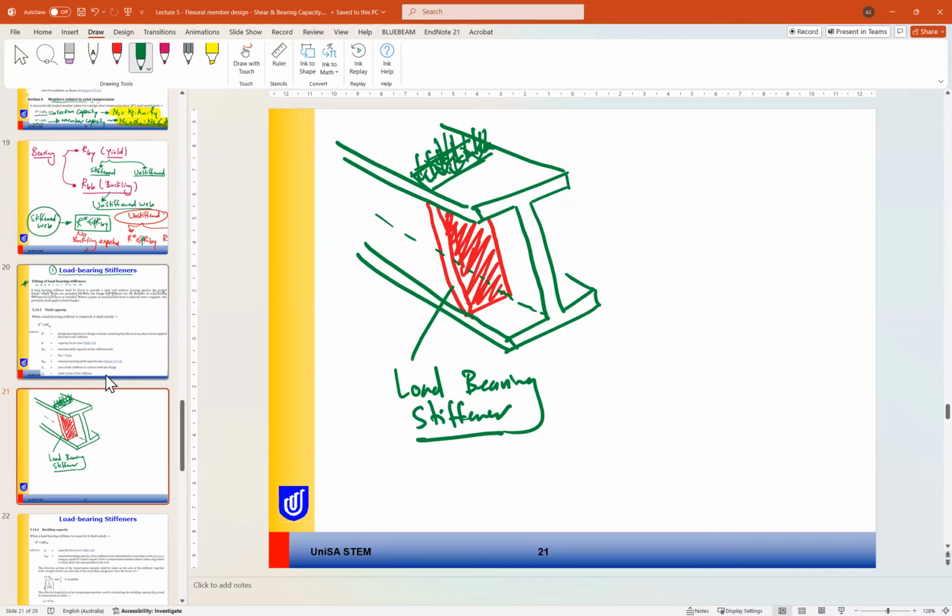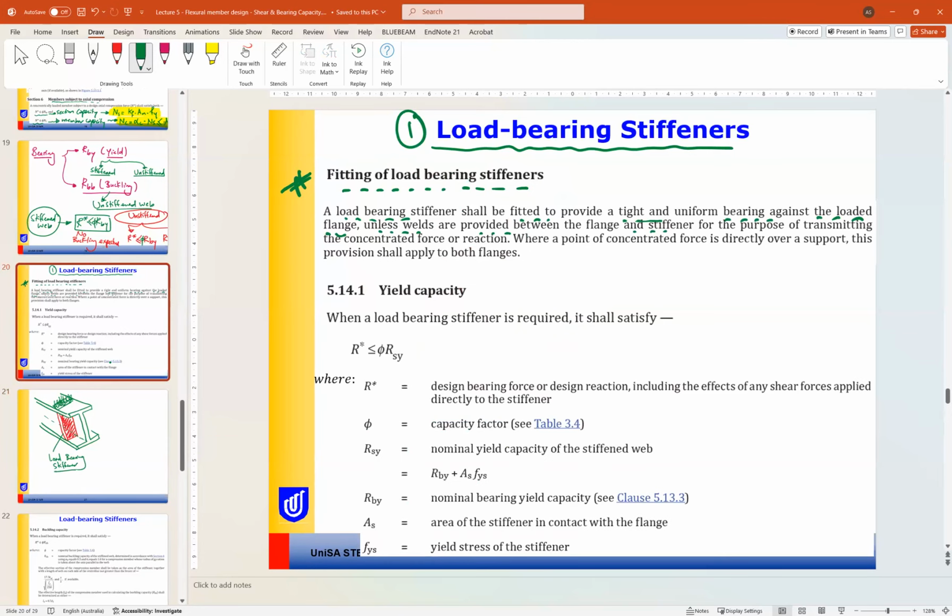Unless welds are provided between the flange and stiffener for the purpose of transmitting the concentrated force. Where a point of concentrated force is directly over the support, this provision shall apply to both flanges. So if you have a reaction or support, you should apply this to both flanges, not only the loaded flange.